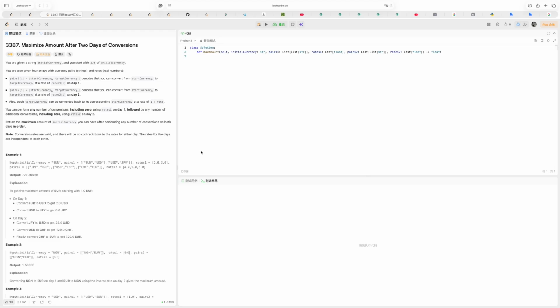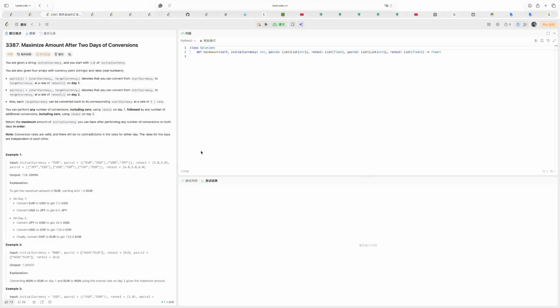Pairs 2i equals start currency I and target currency I, denotes that you can convert from start currency I to target currency I at a rate of rates 2i on day 2. Also, each target currency can be converted back to its corresponding start currency at a rate of 1 divided by rate.